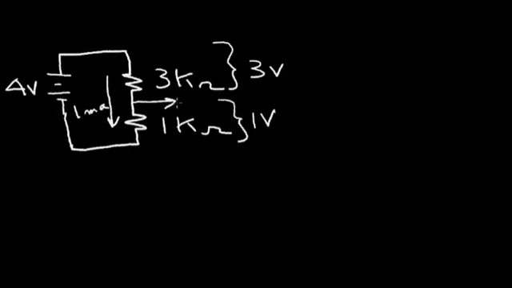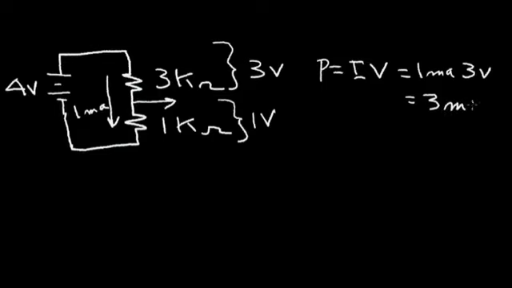If I want to calculate the power in these 2 resistors, I know that power is equal to current times voltage. In the case of the 3K resistor, I have 1 milliamp times 3 volts, which is equal to 3 milliwatts.